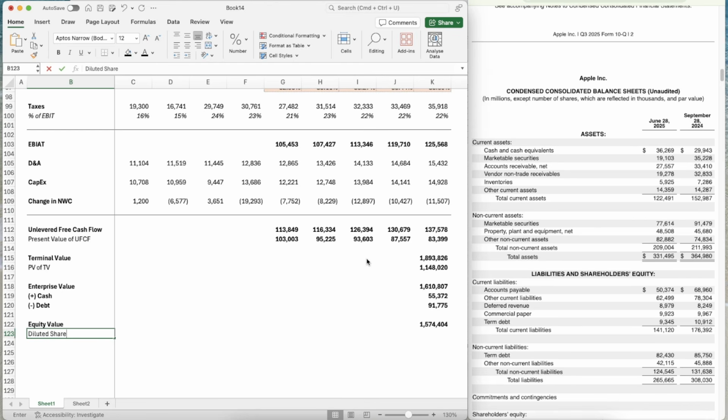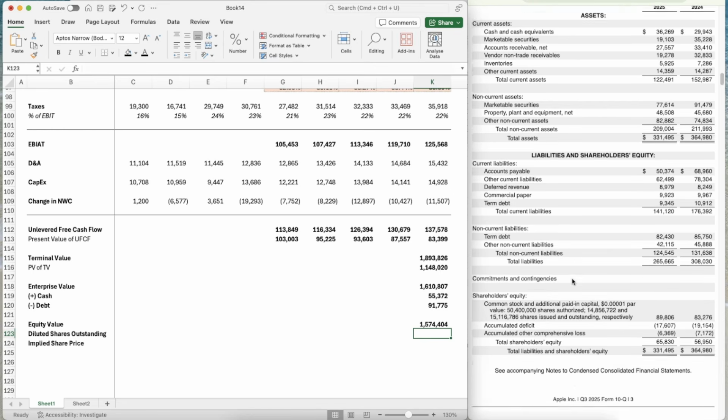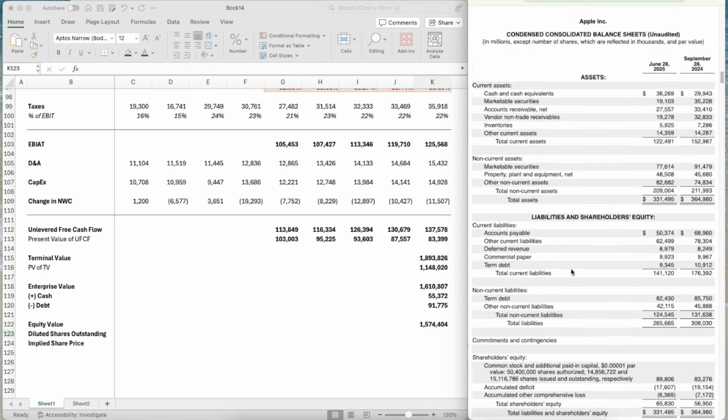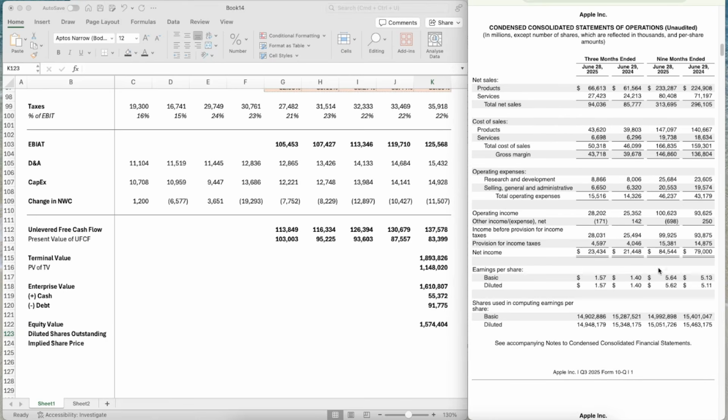Now we want to find the diluted shares outstanding. And this can give us our implied share price. And we already know, because if Apple is like a $4 trillion company, the fact that its equity value is 1.5 trillion, it will mean that the share price is going to be a lot lower. So let's find out. Okay, this is what we want.